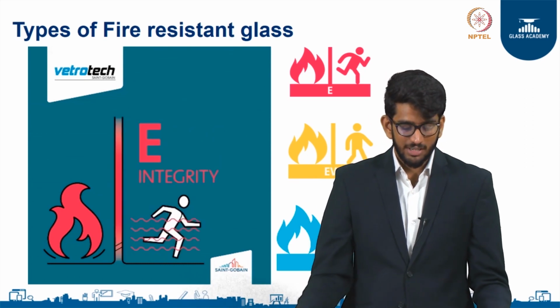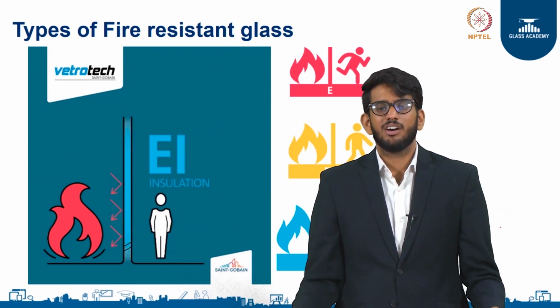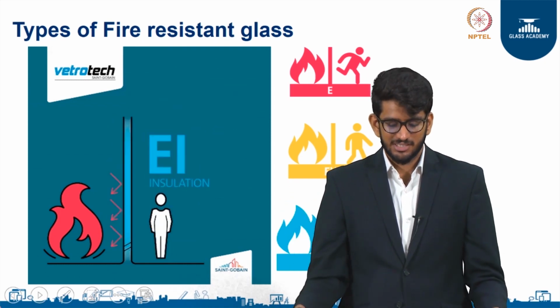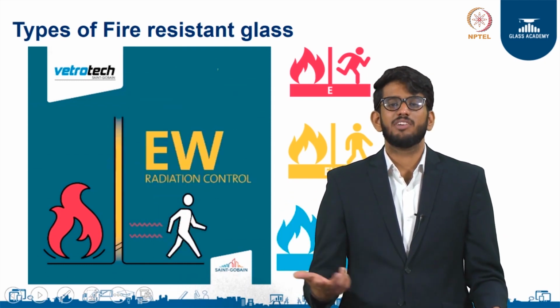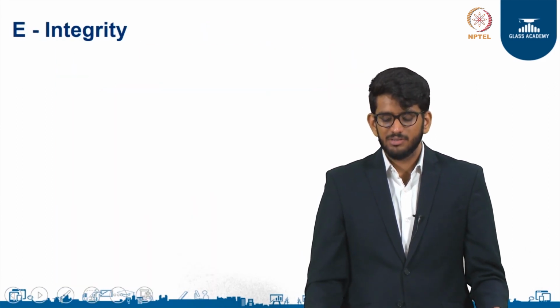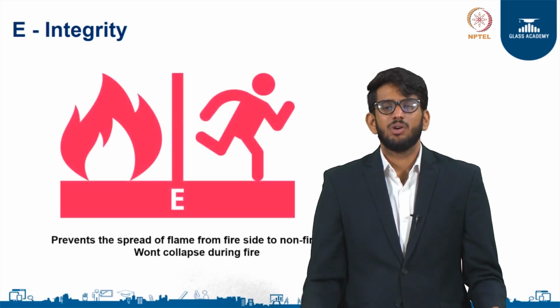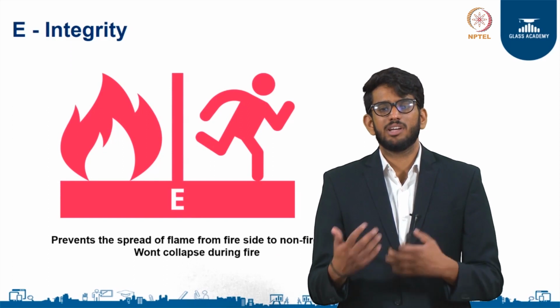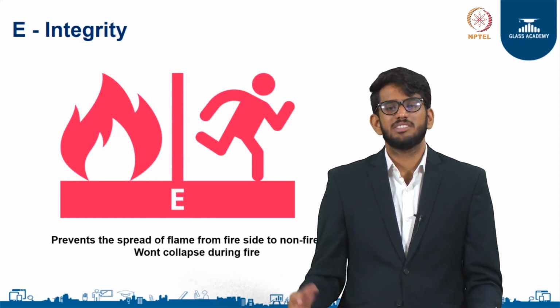Another very important observation is how the heat radiation coming from a fire changes in each. So the different types of fire resistant glass can be classified as E, EW and EI. Now I will take you through each of these in detail, and then you will have a clear understanding of what each stands for.